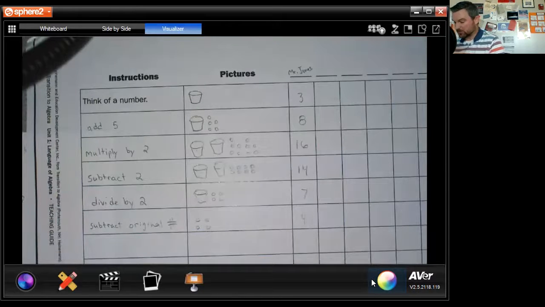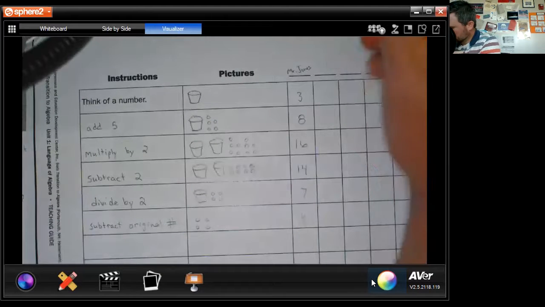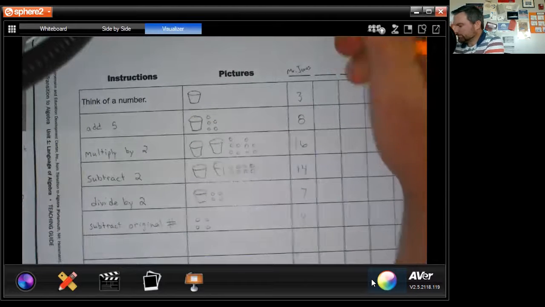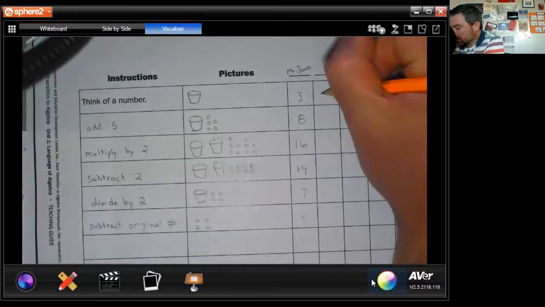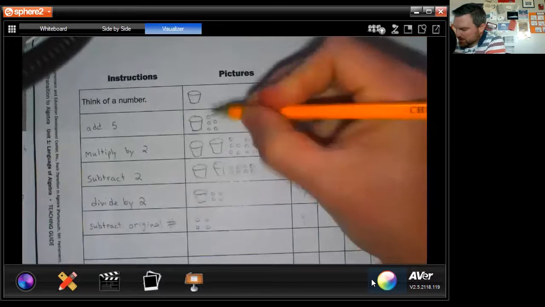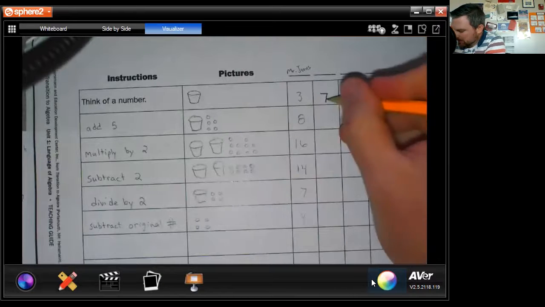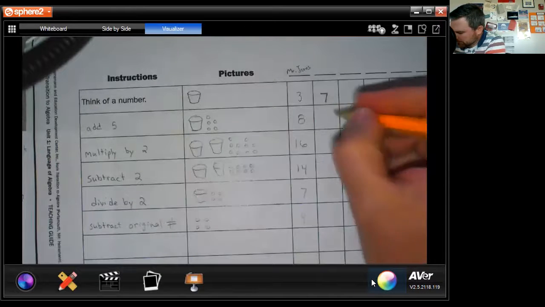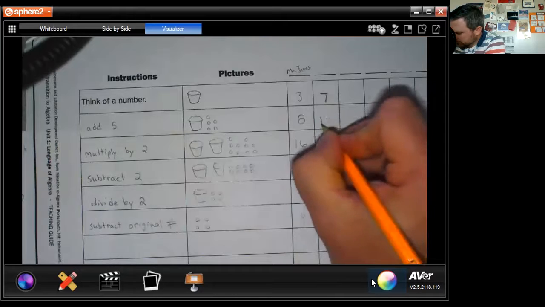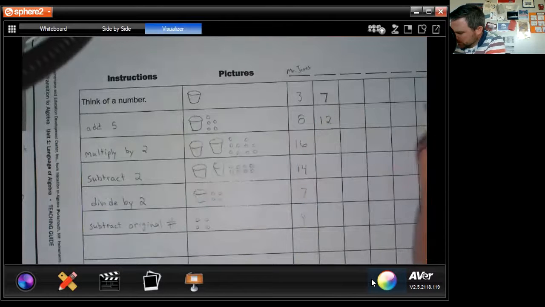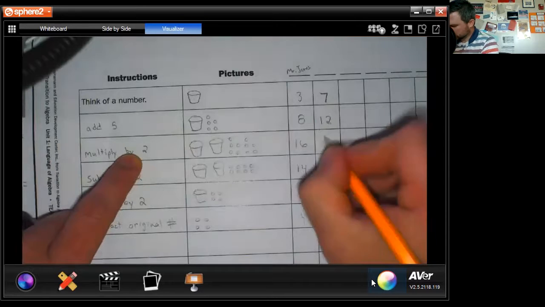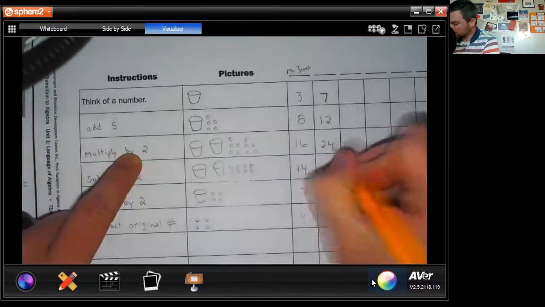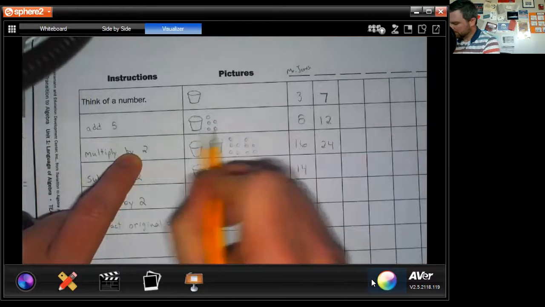Okay, let's say you picked a different number. Let's say you picked, I don't know, maybe 7. You picked 7 as your number. 7 now represents that bucket. So you're going to add 5 to it. So you get 12. Then you're going to multiply it by 2. So you get 24. And we can still represent this by buckets.